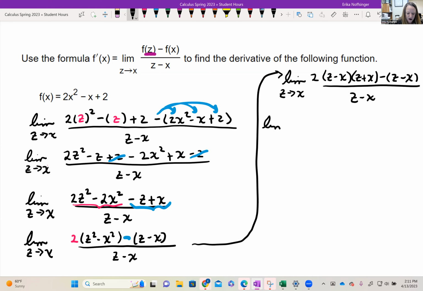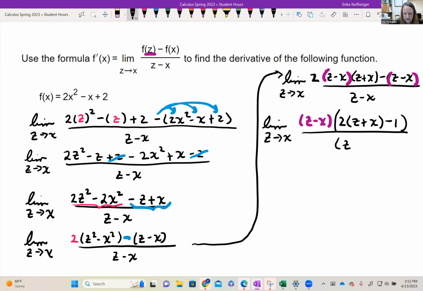So notice that in our numerator, we have common factors, z minus x in common. So we can pull out that z minus x from both of those groupings. And if we do that, we're left with this 2 here times the parentheses z plus x minus, we pulled out the z minus x from z minus x, so we're left with a negative 1, all over z minus x.